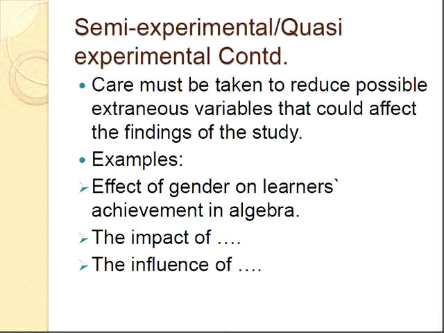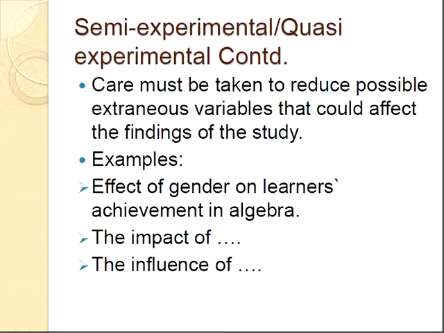But let's take examples of the nature of quasi-experimental topics, so that from the title, you can quickly know that this research will require quasi-experimental design. One example is effect of gender on learners' achievement in algebra. It could be in any other subjects, any of the sciences, any of the technology areas.